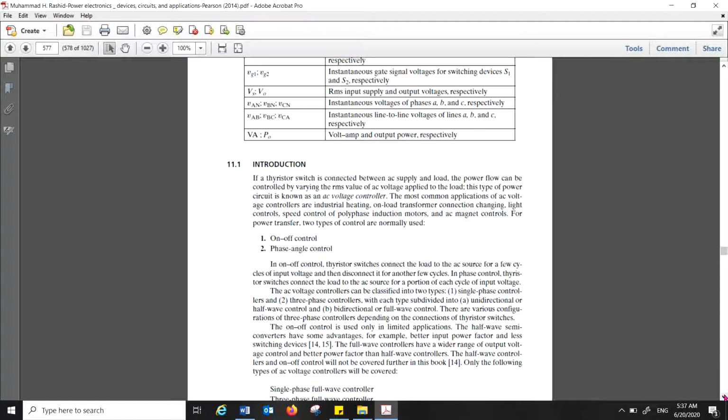In on-off control, thyristor switches connect the load to the AC supply for a few cycles of the input and then disconnect it for another few cycles. Yes, it's just on and off, to control the RMS value delivered to the load.